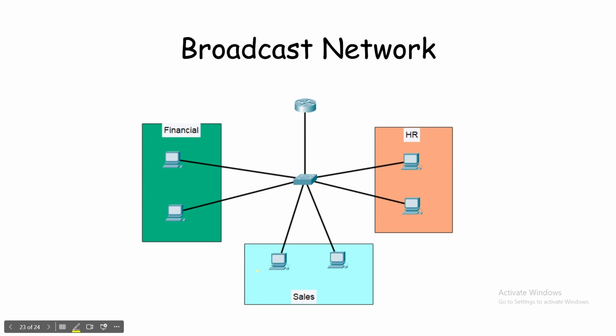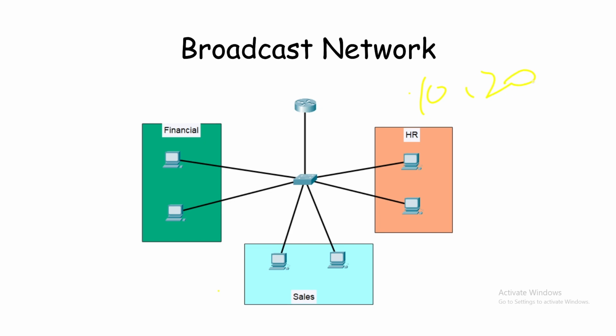So again, let's take the example of the connection between the switch and the router. Here we have only a single physical link, and on the router interface we will create sub interfaces like .10, .20, .30.